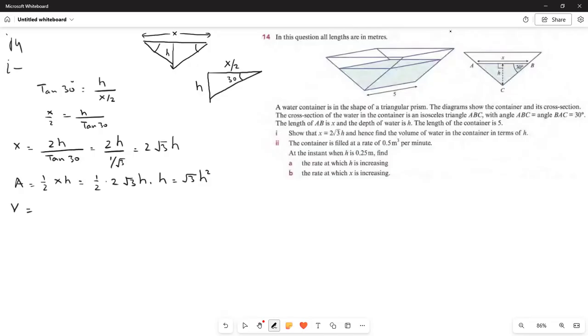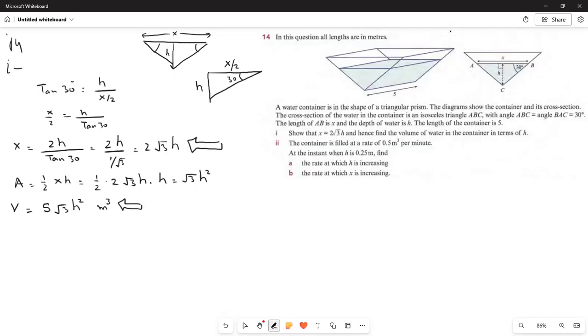So it will become 5 root 3 into h squared, and the units would be meters, so it is cubic meters. Right, so this was the first part. We were asked to show this, and the volume we found is here.